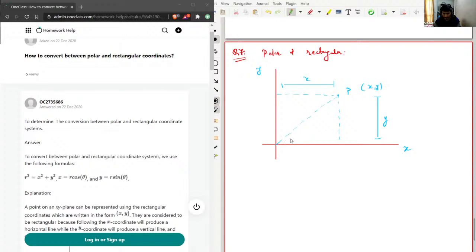Let's say this length is r. So using Pythagoras theorem, I can say that r square is x square plus y square.